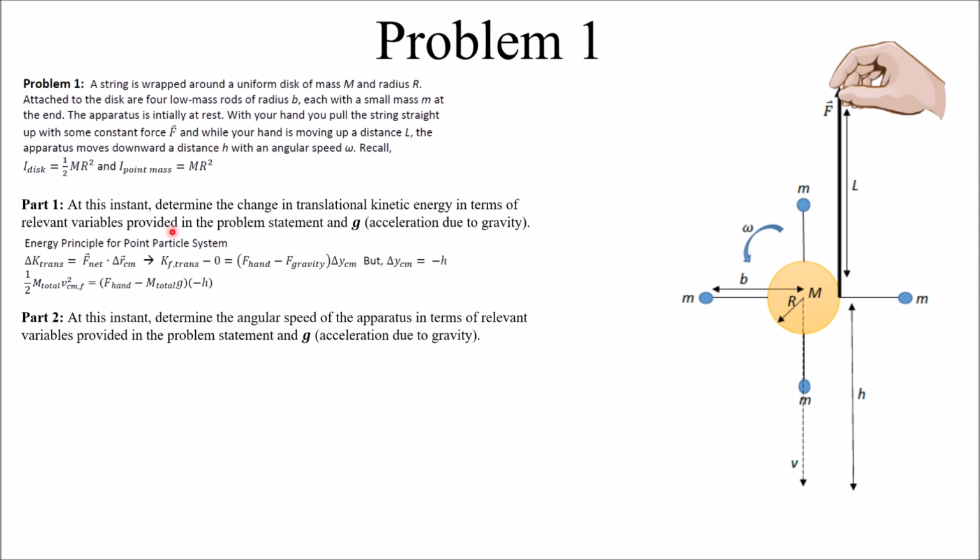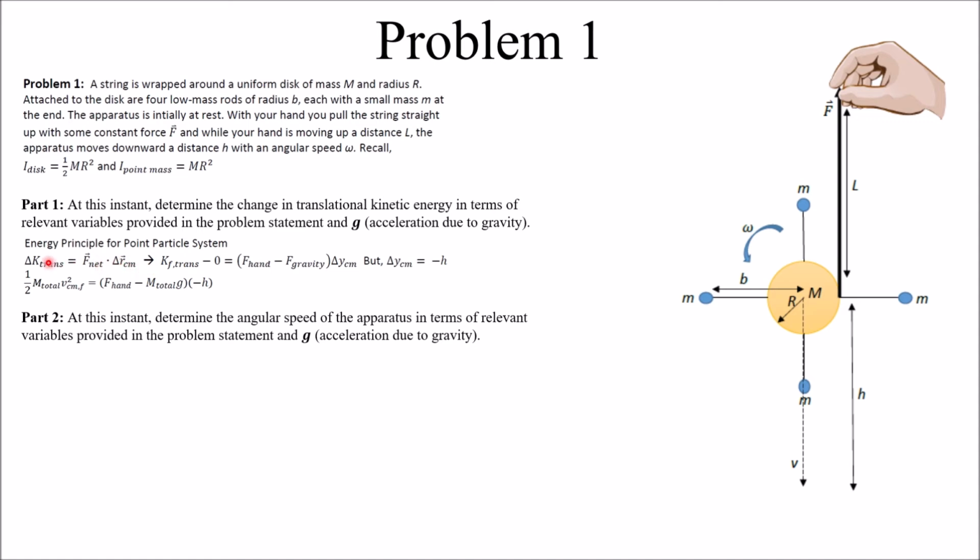So for part one, we will look at the energy principle for a point particle system. And so we know that the change in translational kinetic energy is equal to the work done by the net force. And so we have this net force times the displacement of the center of mass is going to give you that net work done.